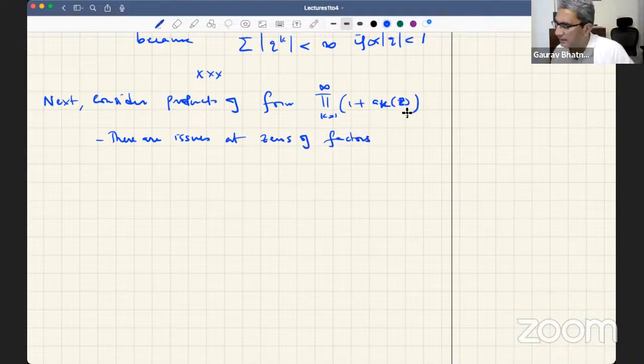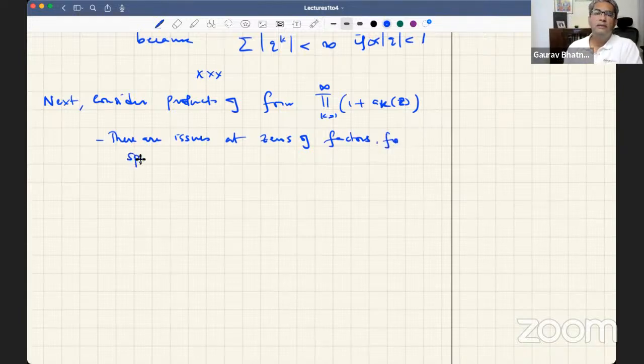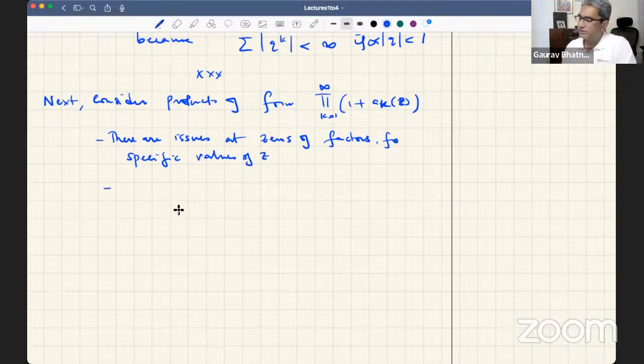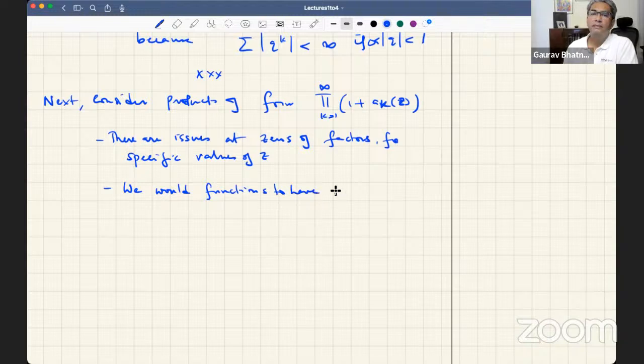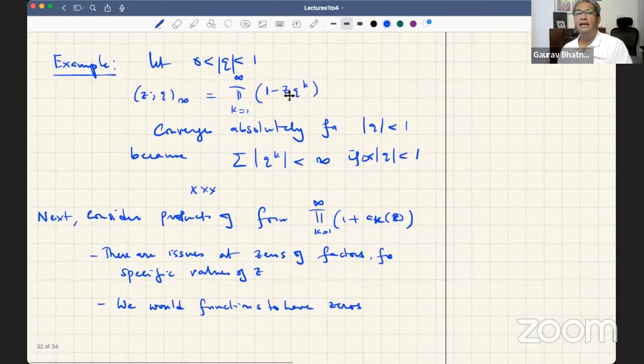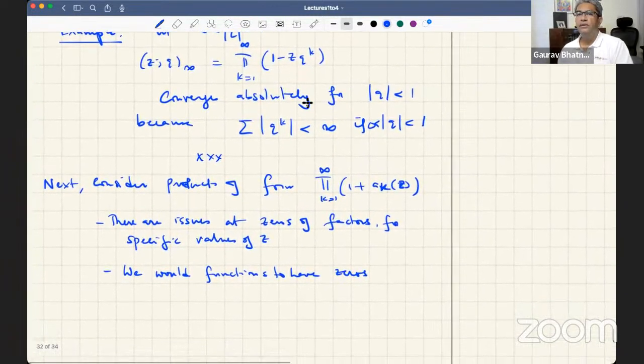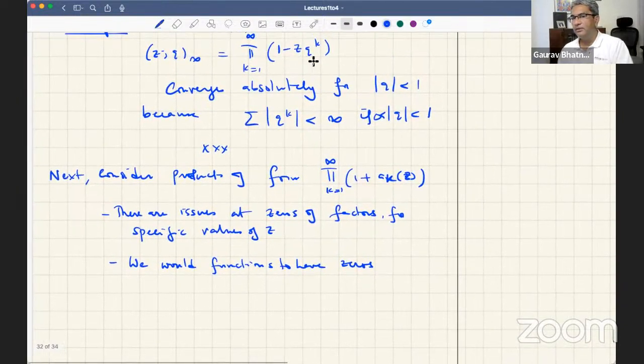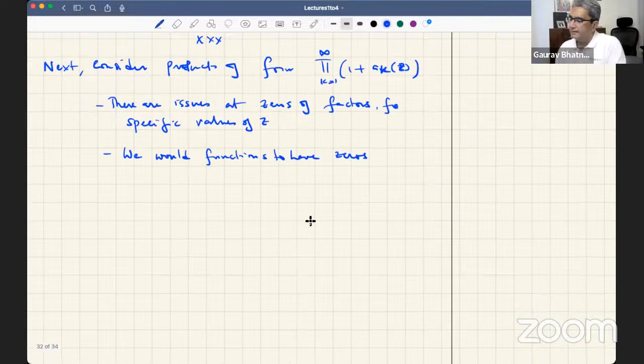So there will be problems at specific values of Z. We had the possibility of convergence at 0, but we would like functions to have zeros. If you look at this as a function of Z, it has zeros at points where Z is equal to Q raised to minus K, right?